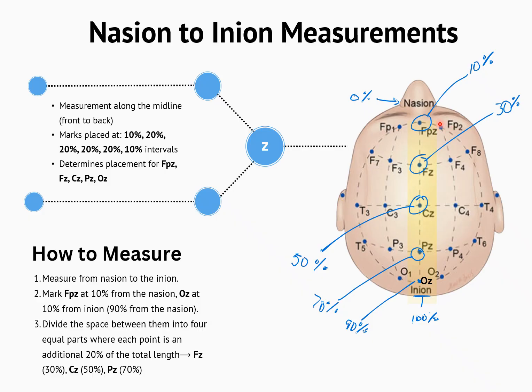These give us FZ at 30 centimeters, or 30% of the total nasion to inion length, CZ at 50 centimeters, and PZ at 70 centimeters. So this is why it's called the 10-20 system, because it is the 10-20-20-20-20-10 pattern that keeps all our placements proportional.